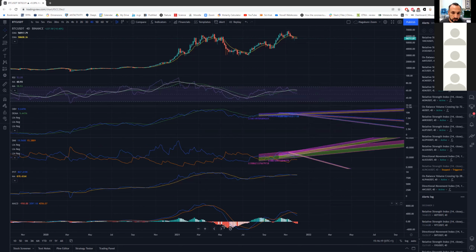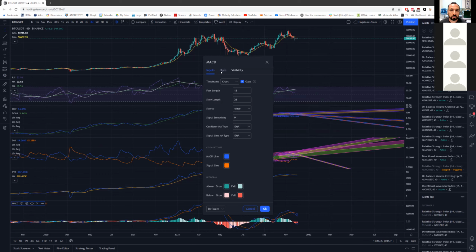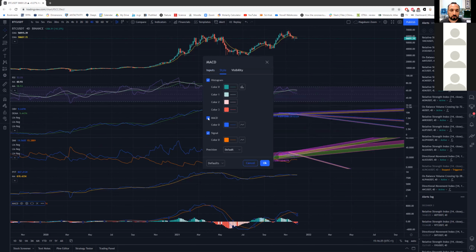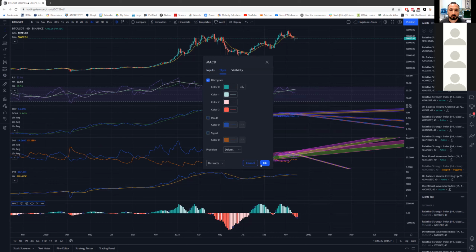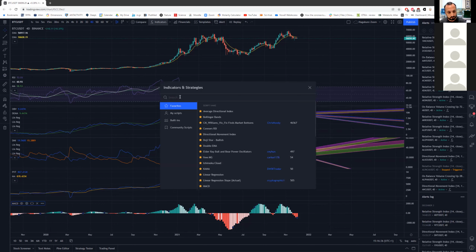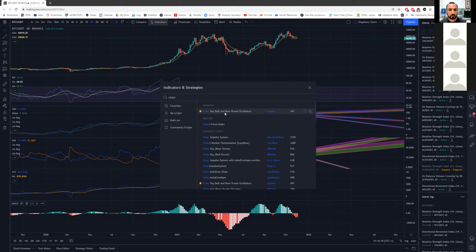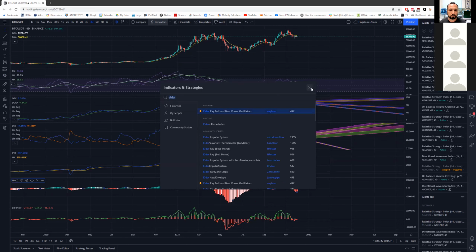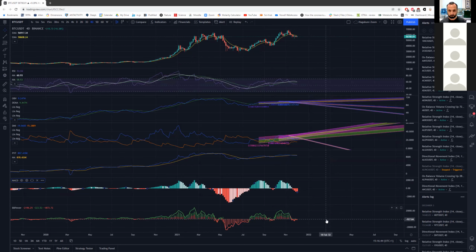In the MACD, you just need the bars. You don't need the blue and the red line, so in the style, you remove these two. And finally you also need the Elder Ray. So you choose the Elder Ray bull and bear power oscillator. Okay, that's it.